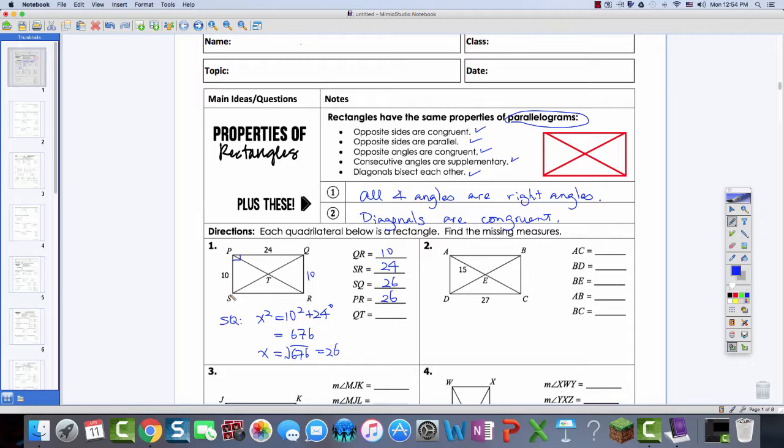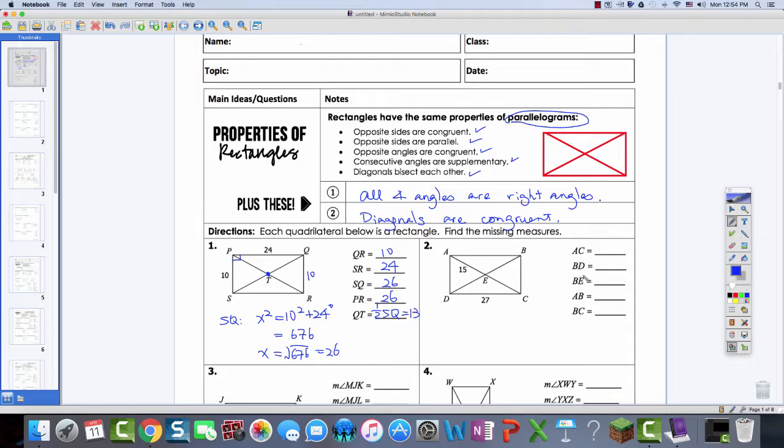Now, if the whole thing is 26, remember the diagonals bisect each other. T would be called the midpoint, so TQ or QT is half of SQ at 13.